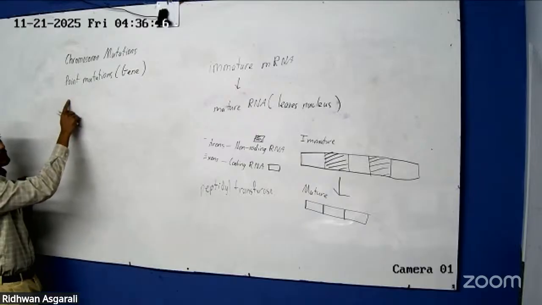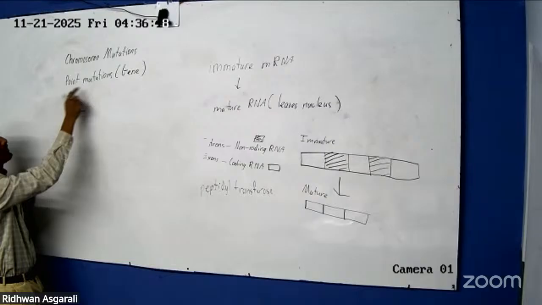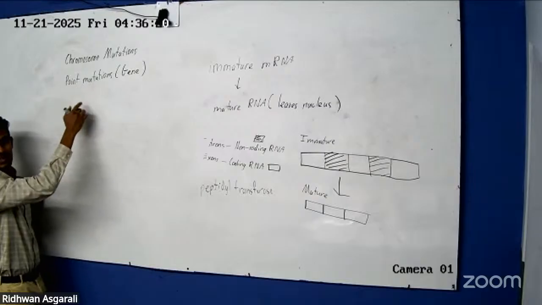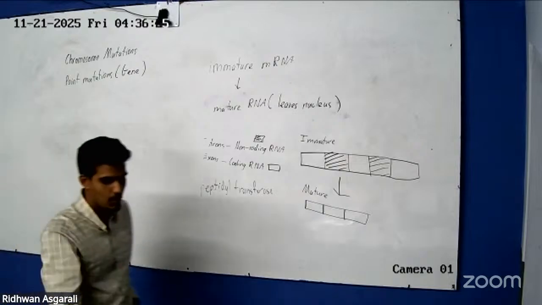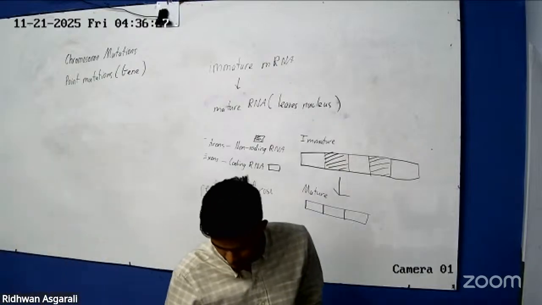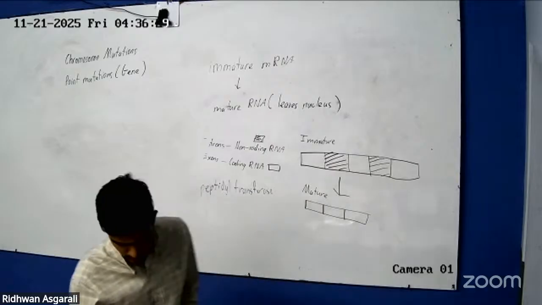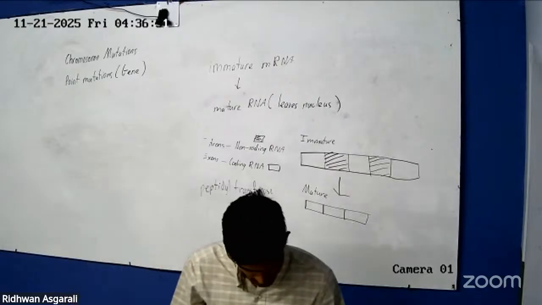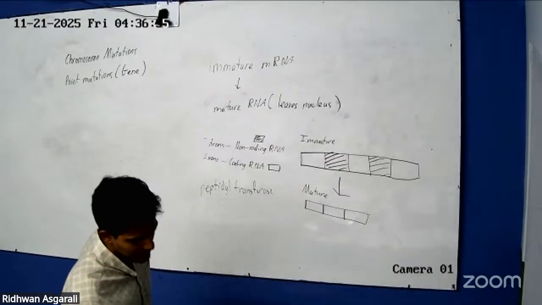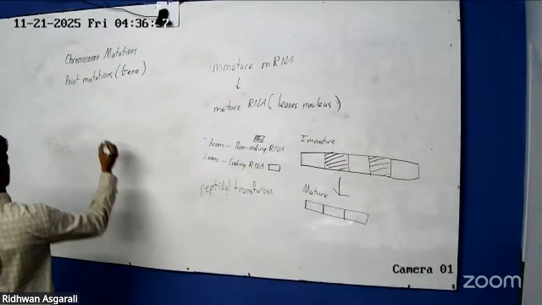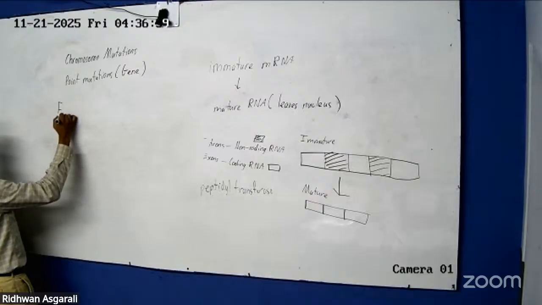Point mutations are when you're affecting the genes themselves, the individual bases. We'll go more in depth in the next class, but I just wanted to introduce it. So I said this is a genetic sequence.